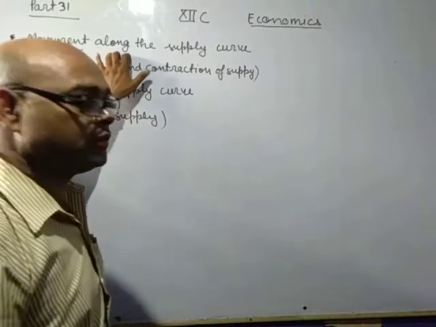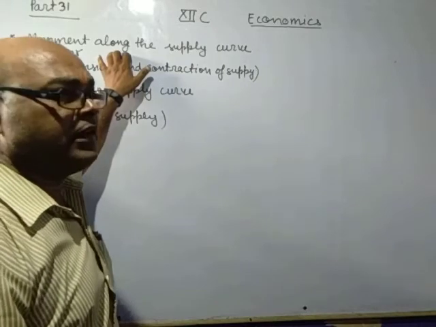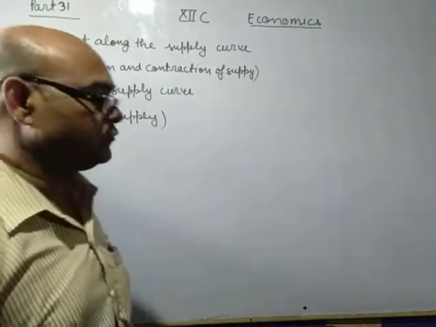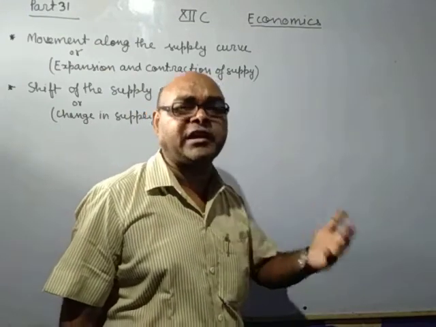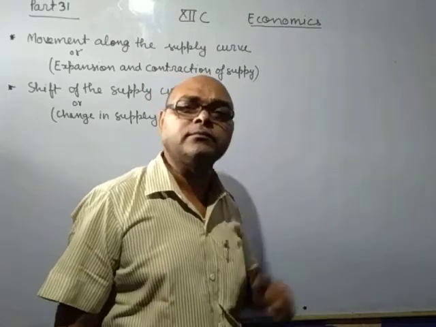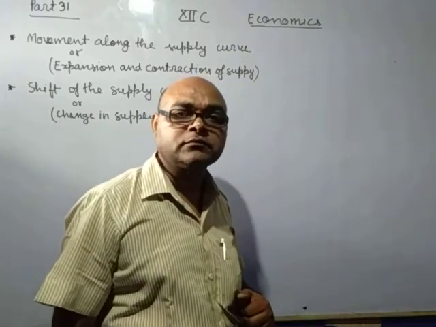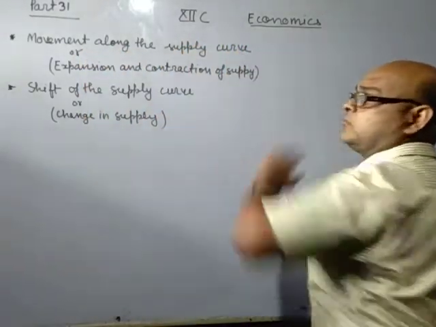If other factors remain the same and the price of the own commodity increases and supply also increases, then we say movement along the supply curve.